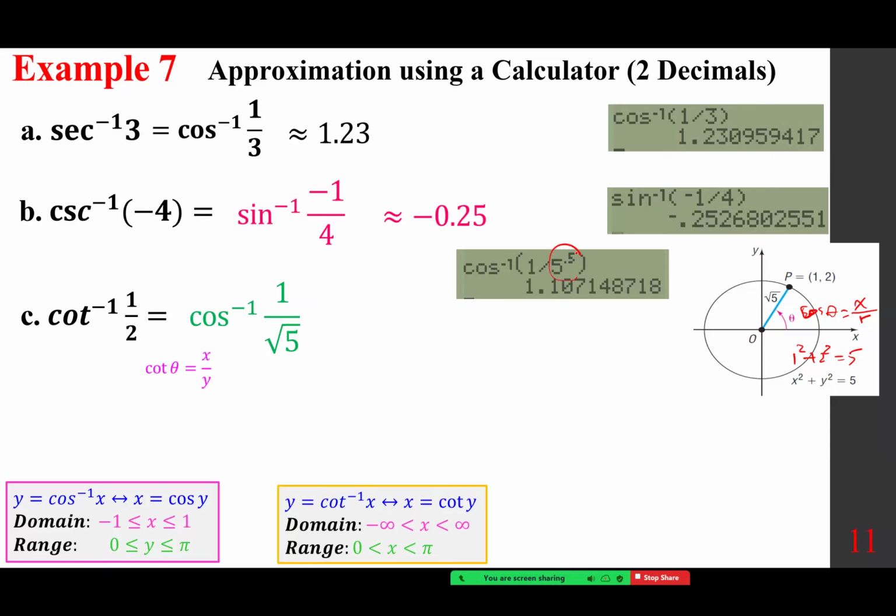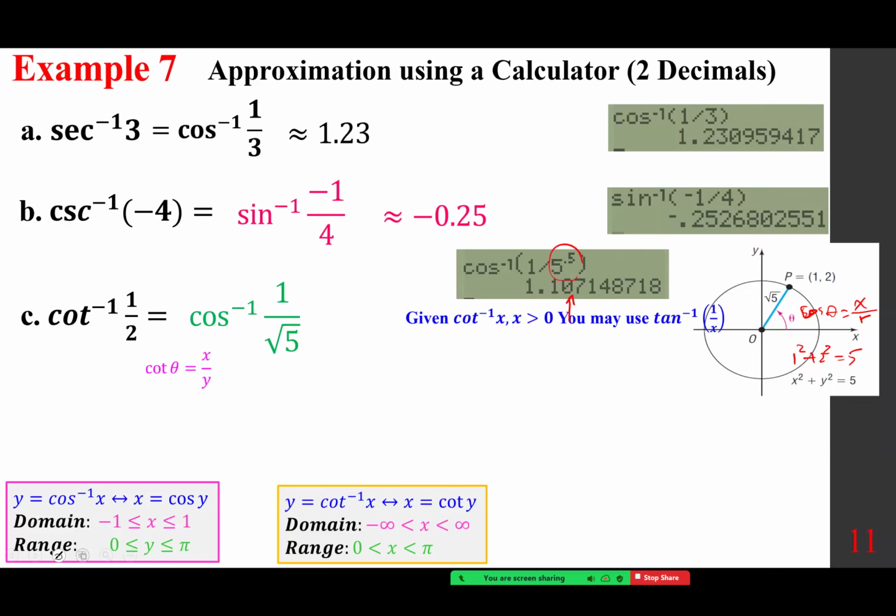I hope you see that this means square root of 5. We want 2 decimals. 0 changes to 1 and becomes 1.11. Now, so the answer is 1.11.